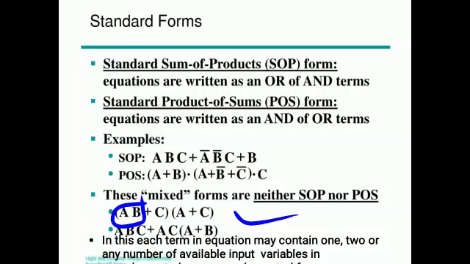In the second example, AC in a bracket with A plus B is written. This is also not in SOP form. These are called mixed form. We have to convert these equations into SOP or POS form if they are given, and then use these expressions.